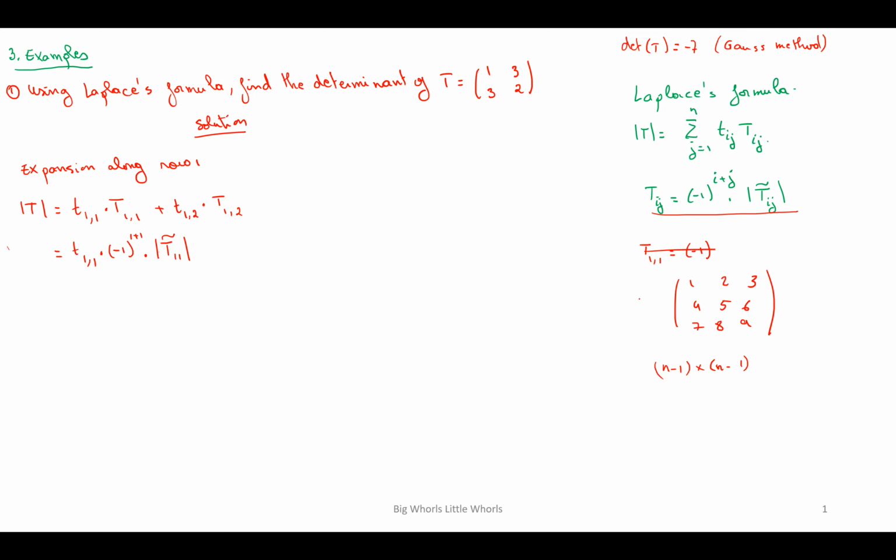If we call this matrix A, the 1,1 minor is the matrix we get if we delete row 1 and column 1, so we are left with 5, 6, 8, 9.